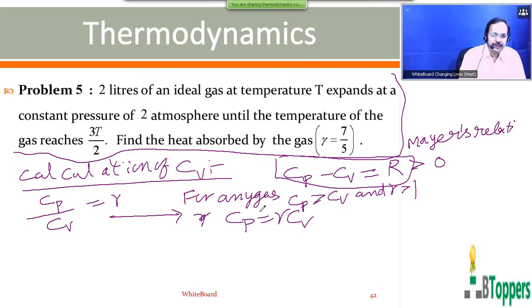So you can substitute Cp equal to gamma into Cv in this equation.